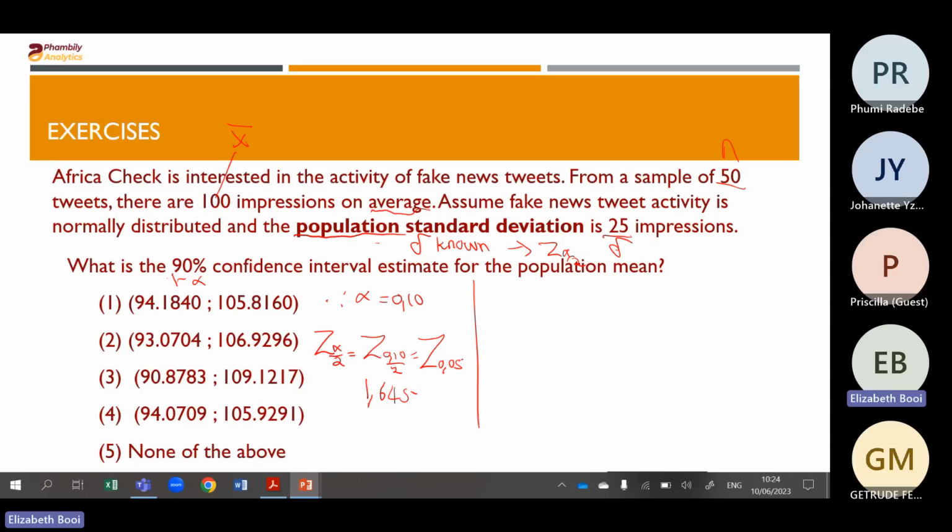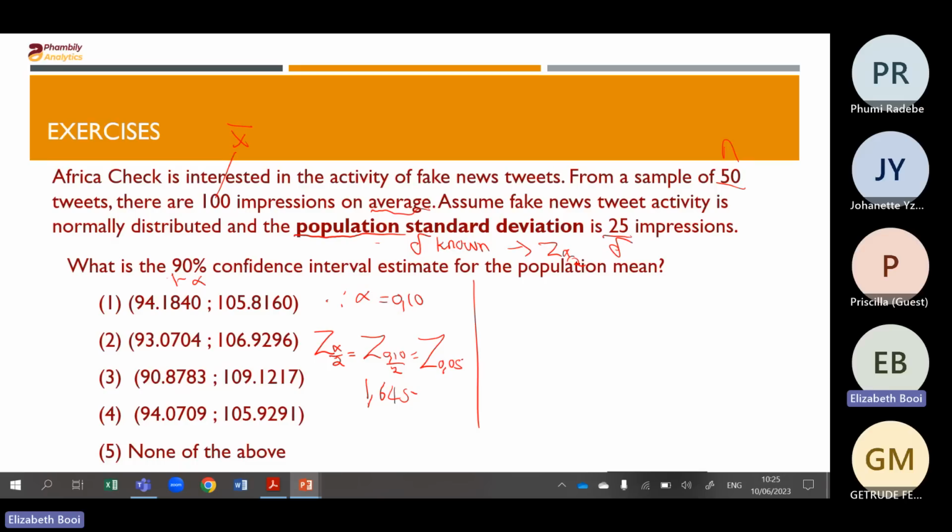I'm saying this because from today to Monday, every time we deal with the Z table, you will just have to know your critical value. When we do hypothesis testing on Monday, we will still be talking about the critical value, so you need to know how to find it as well. Okay.